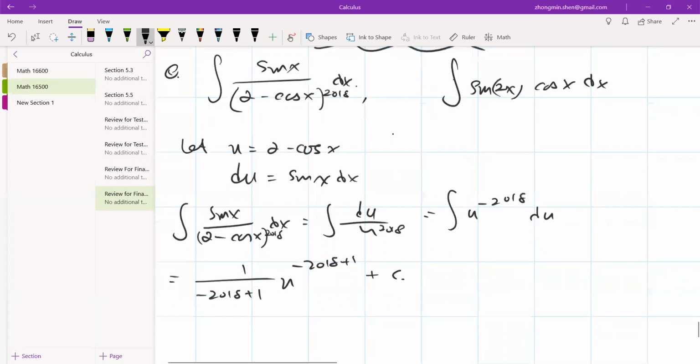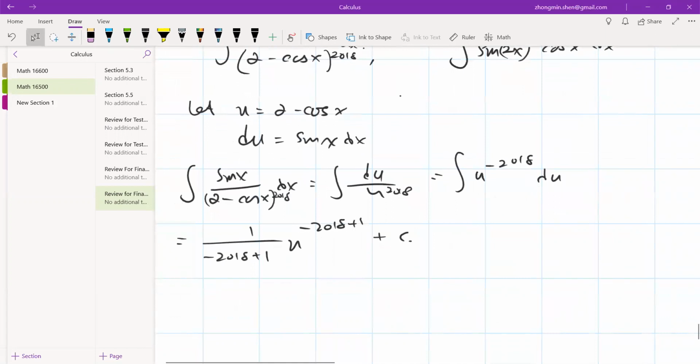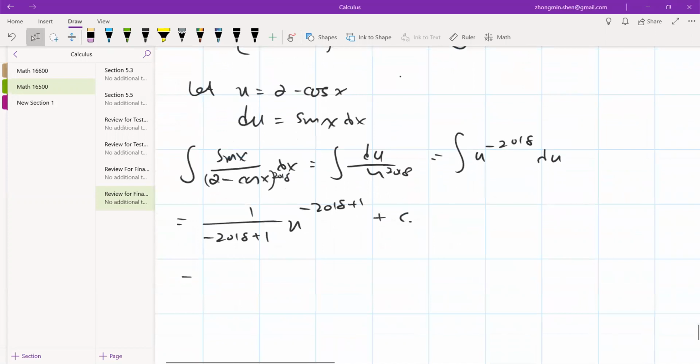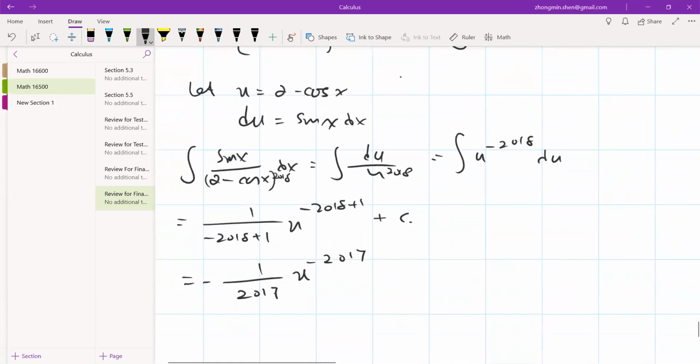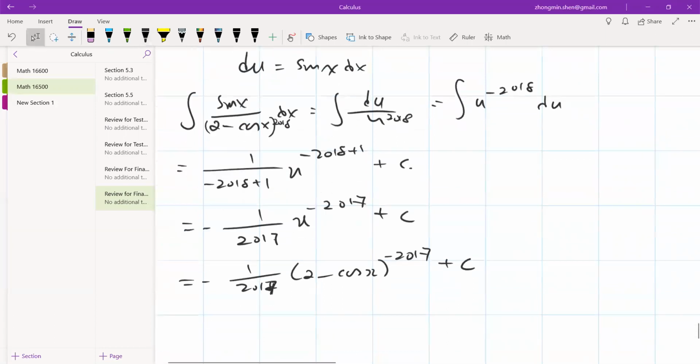The integral of u to the negative 2018 is negative 1 over 2017 u to the negative 2017, plus constant. And then you have to put back 2 minus cosine x to the negative 2017, plus constant.